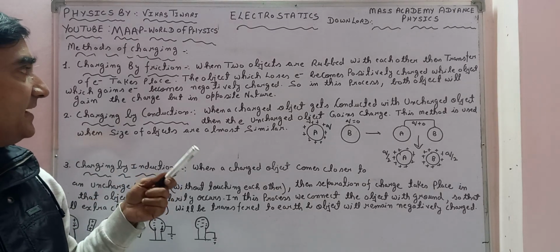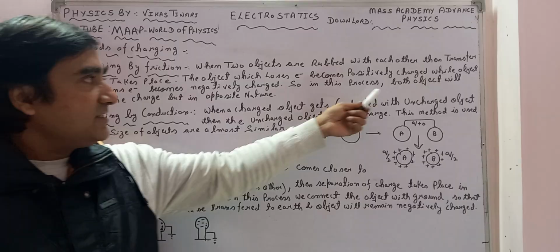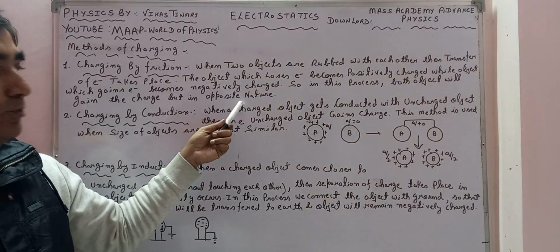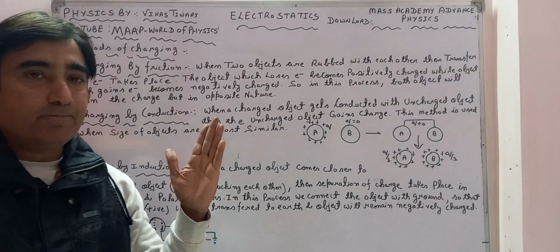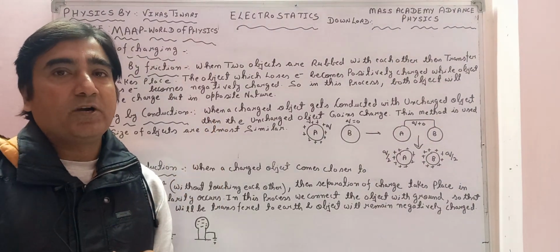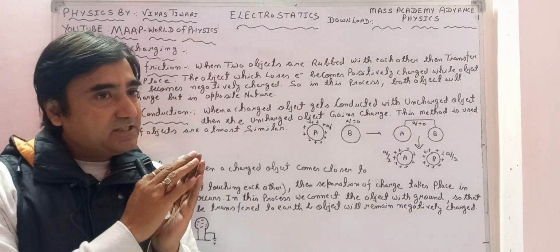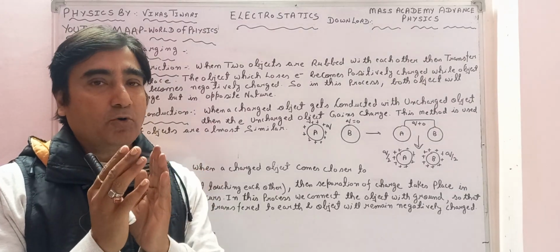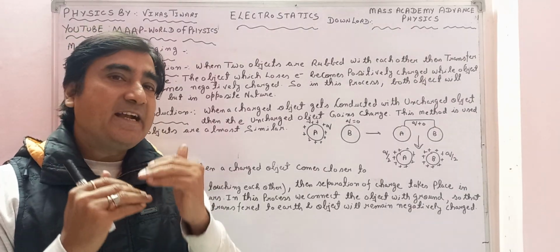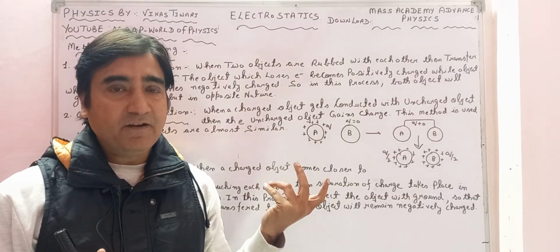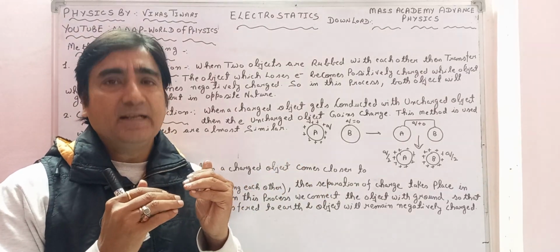So in this process both objects gain charge, but of opposite nature. Also, the body on which the charge has been transferred, its mass will slightly increase, and the body from which the electrons left, its mass slightly decreases.